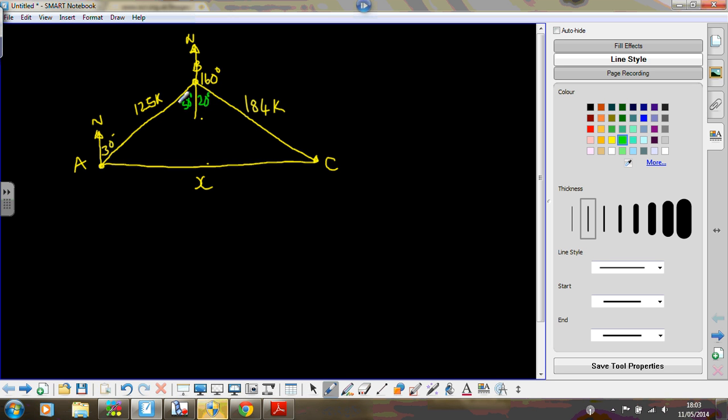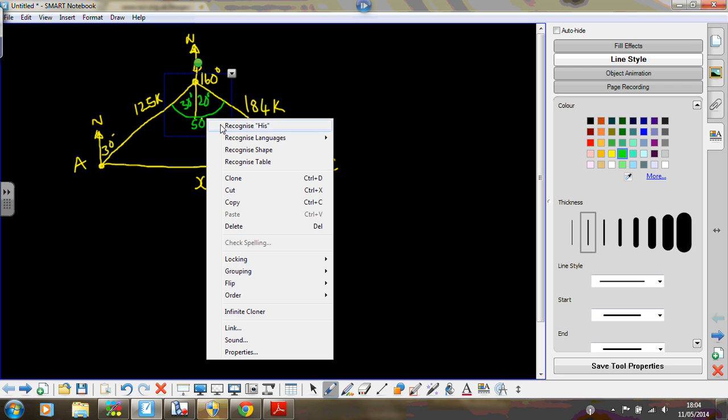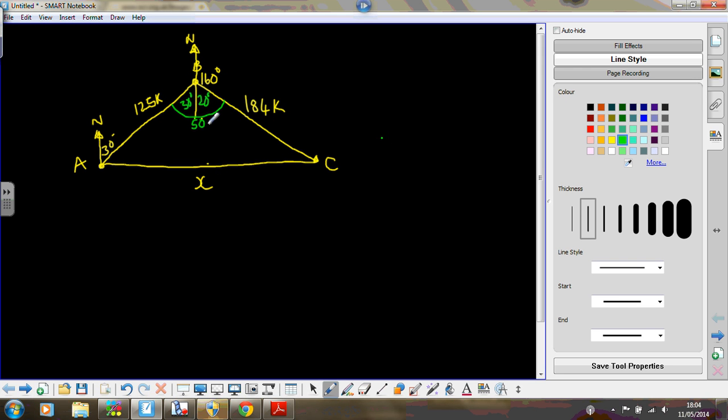So this angle here in total, if I add those up, is 50 degrees. So I know that that angle is 50 degrees.